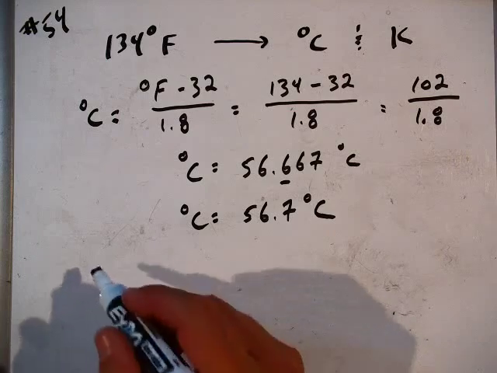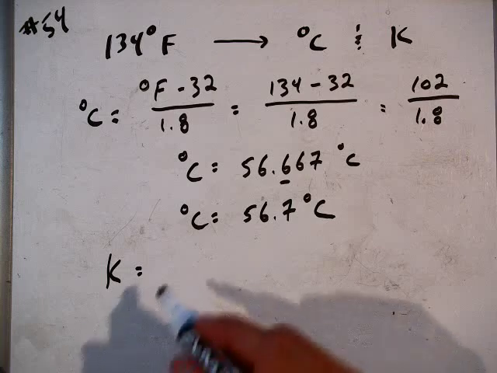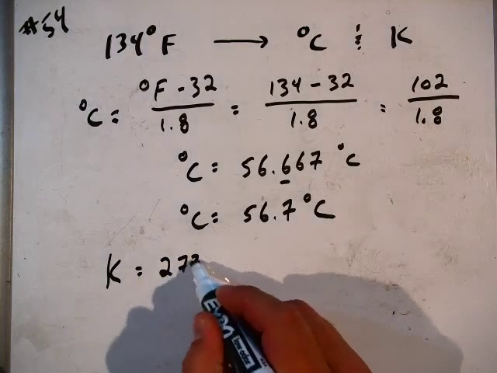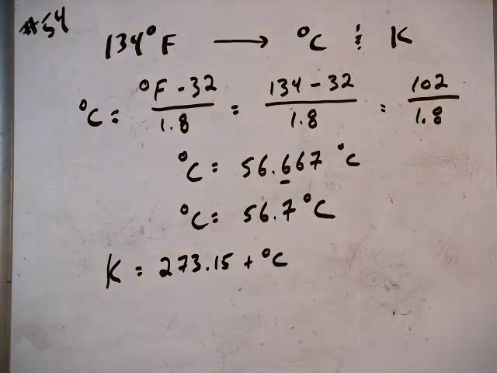The second part is looking at Kelvin, and Kelvin is that big K, and its equation is 273.15 plus your degrees Celsius. Now when you're doing subsequent calculations, remember you always want to go in not with a rounded number, but with the full actual value.